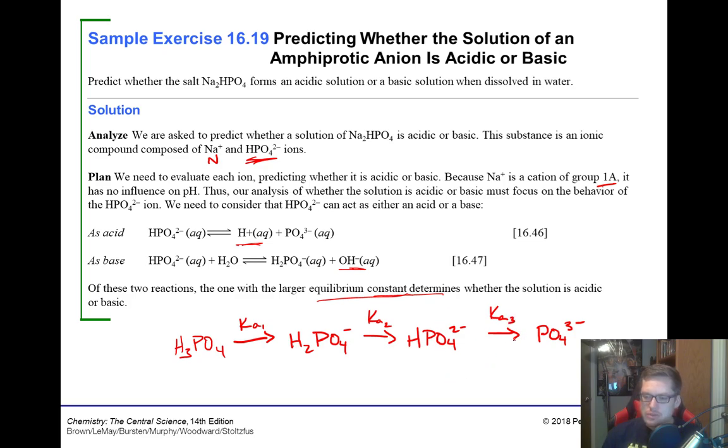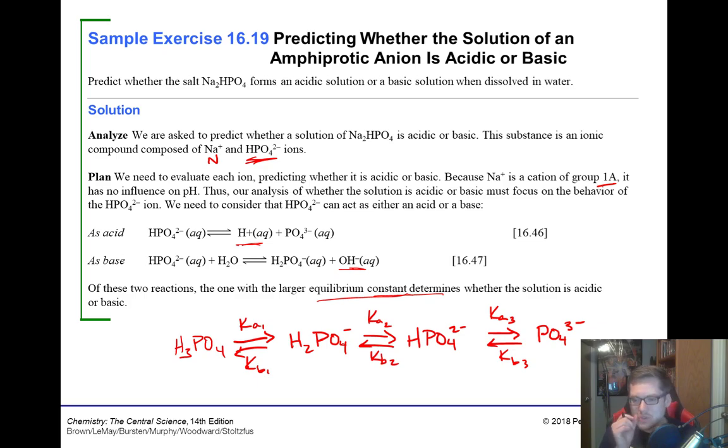Now, you can also go backwards. If we're going in the reverse reaction, from this one to this one, this would be our Kb1. From this one to this one, this would be our Kb2, and from this one to this one, our Kb3. So we can look in all these directions.